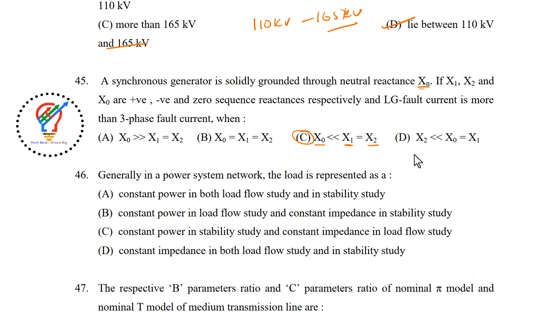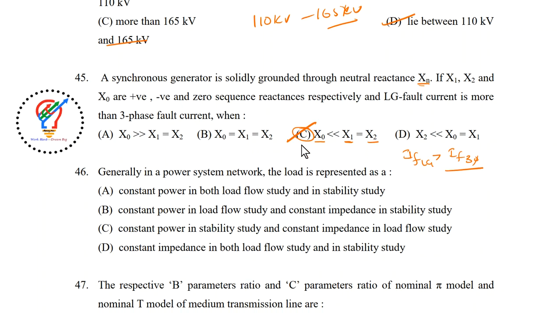If you want, you can use the formula IF = 3V/(X1 + X2 + X0) for a single phase LG fault, and for a three phase fault, it is V/X1. Compare both values and you will conclude that IF for an LG fault is greater than IF for a three phase fault. Compare the equations and you will get the answer as C here.